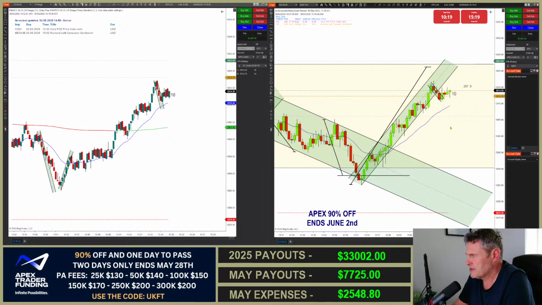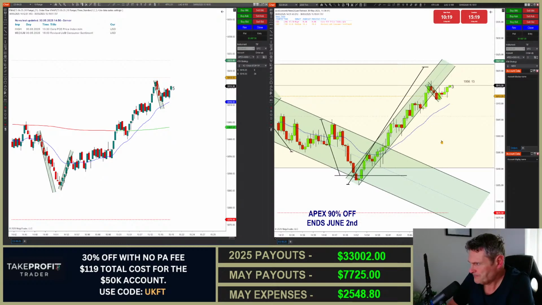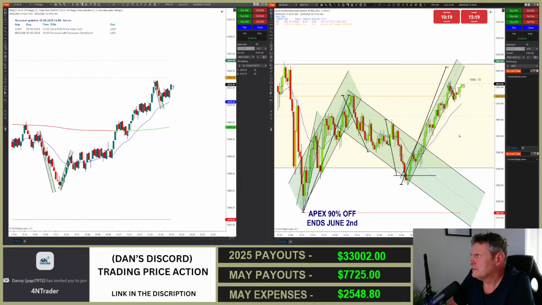If you're a consistent trader, you might as well withdraw it, put it into your own account, and that way you get the full 100% instead of losing 10% of it. Yeah, I don't like leaving a lot of money in.